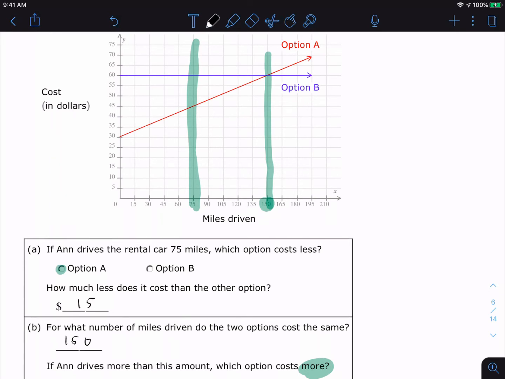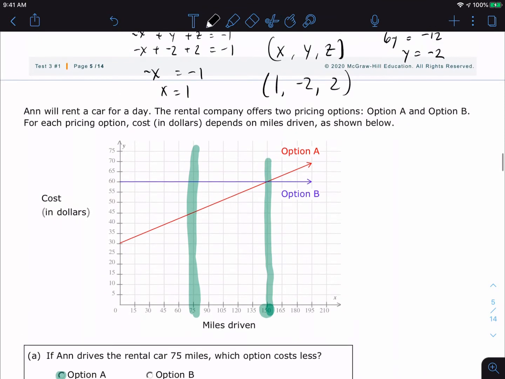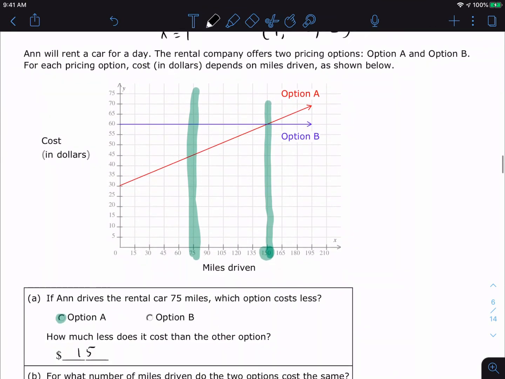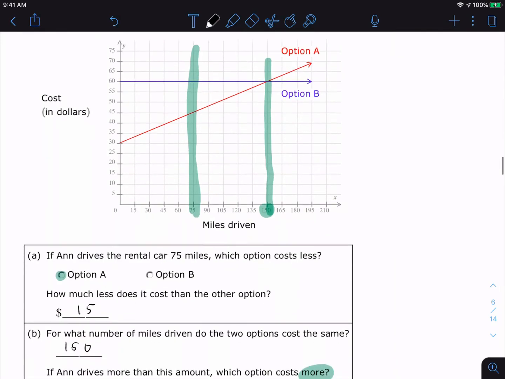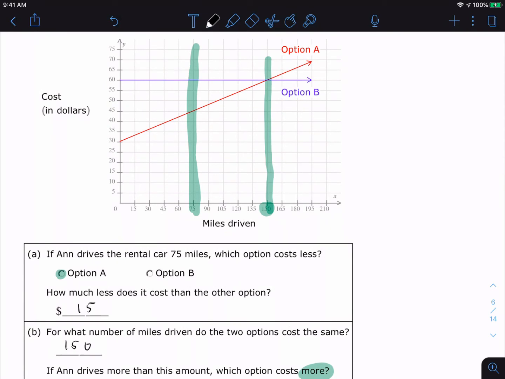I'm pulling it up right now. This was what number? Number 10. So number 10 was interpreting the graphs of two functions. Thank you. Mm-hmm. Interpreting the graphs of two functions.